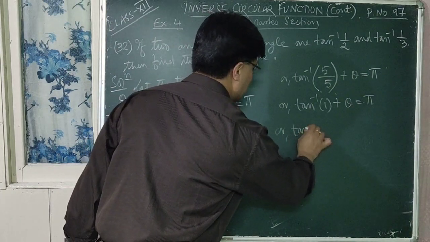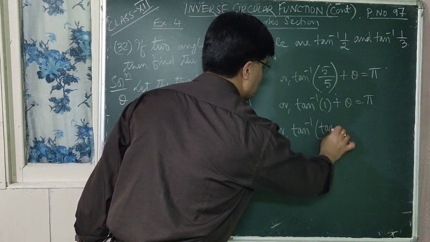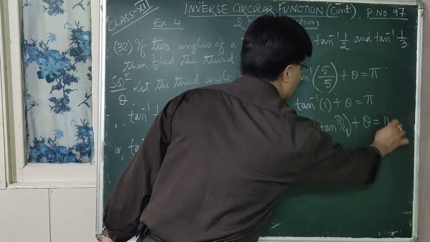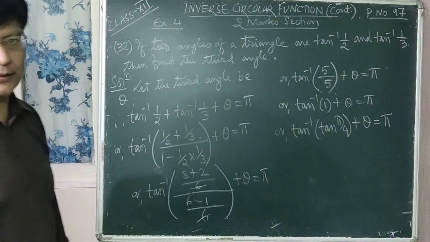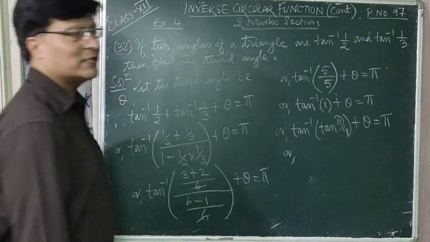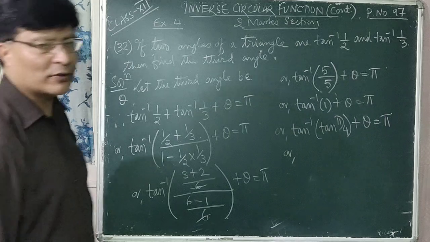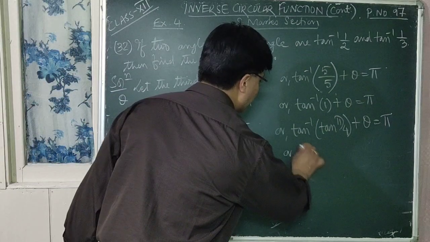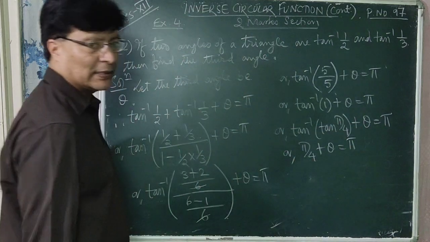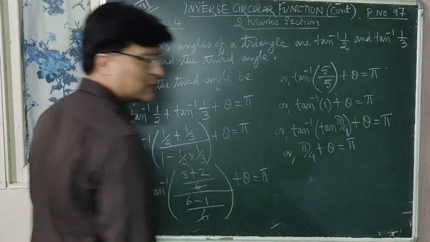So this is tan inverse tan pi by 4 plus theta is equal to pi. Tan inverse tan pi by 4 is pi by 4, then plus theta is equal to pi. Now get the value of theta.